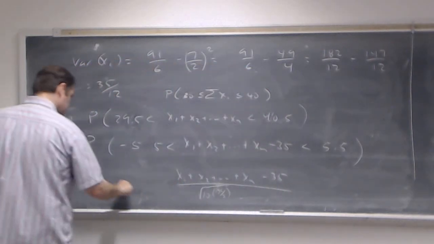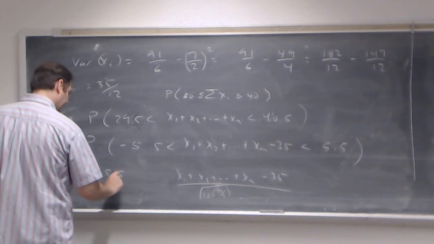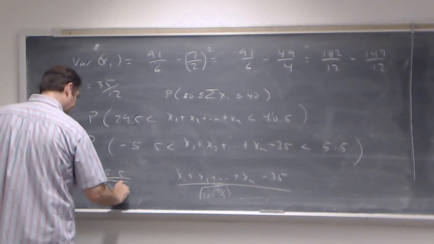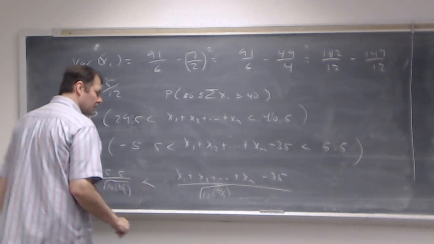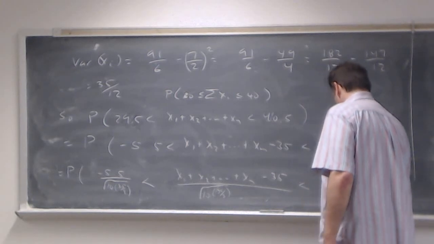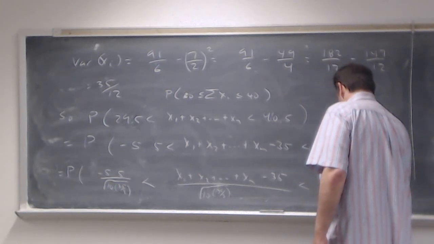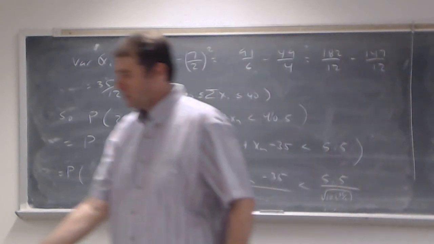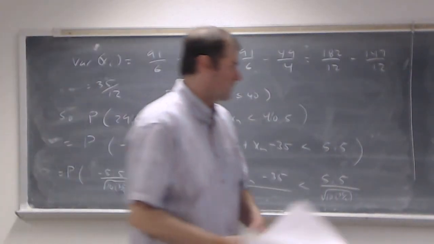And here, minus 5.5 over square root of 10 times 35 over 2, and 5.5 over square root of 10 times 35 over 2. This middle now matches exactly what we wanted for the central limit theorem to apply.